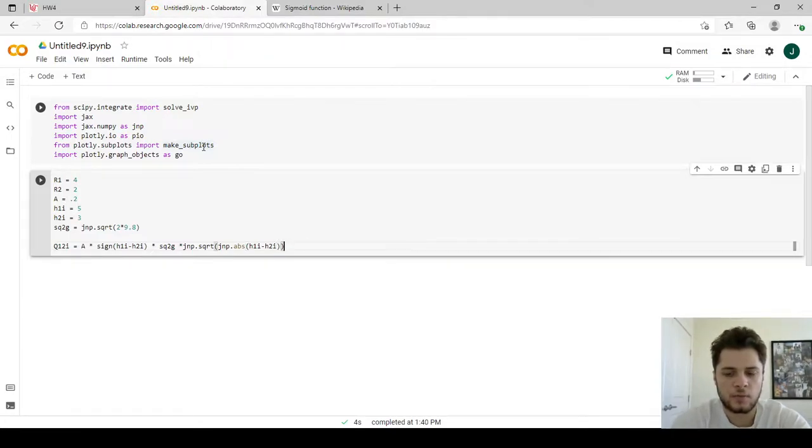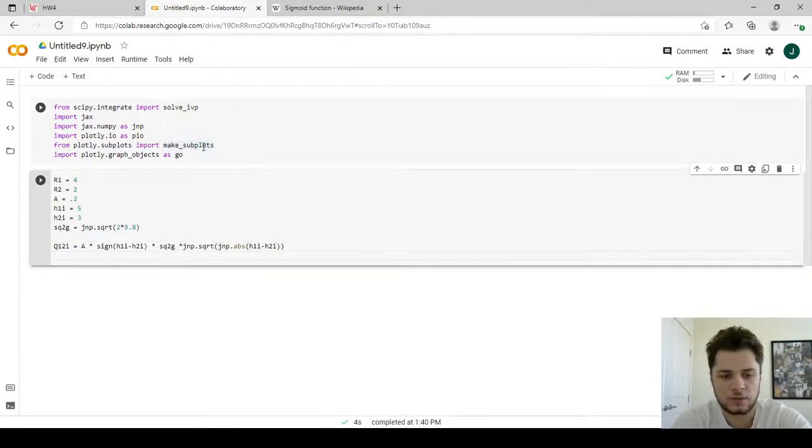There, so that's the flow between the two tanks. And then we also knew the initial flow leaving tank 2, and that was the area of the pipe times the square root of 2g times the square root of H2I.